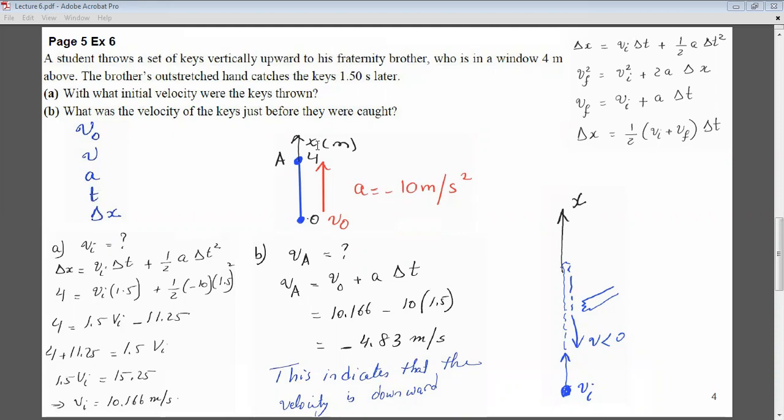Just changing the color for you. This is not the initial velocity, sorry. This is delta x, which is 4 meters.